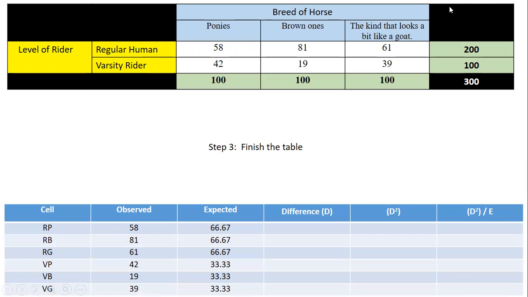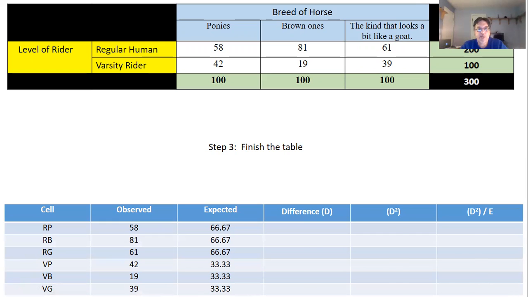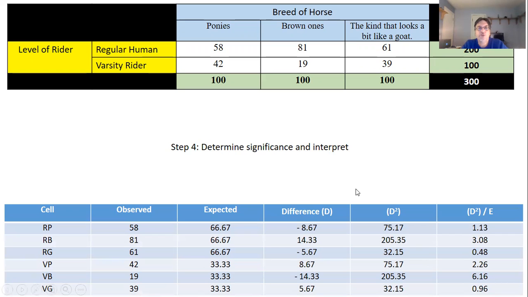All right, let's see how we did. In this case, we have scores like this. So for our first one, which is regular humans on ponies, our expected value was 66.67. The observed value was 58. So to get a difference score, 58 minus 66.67 gives us a value of negative 8.67.